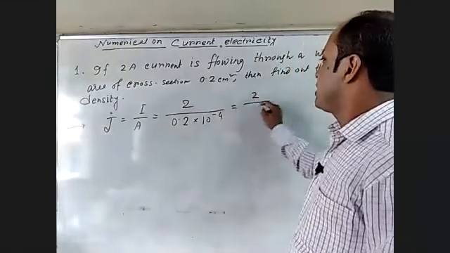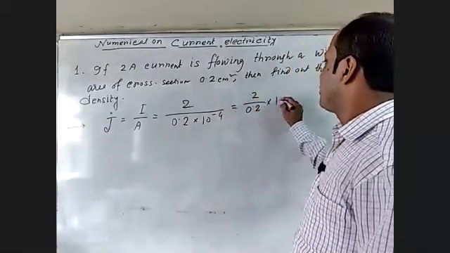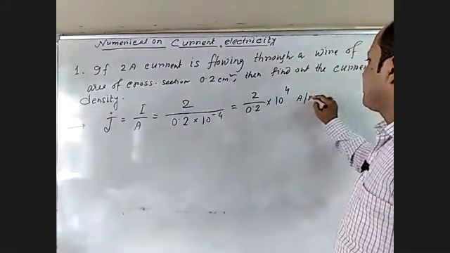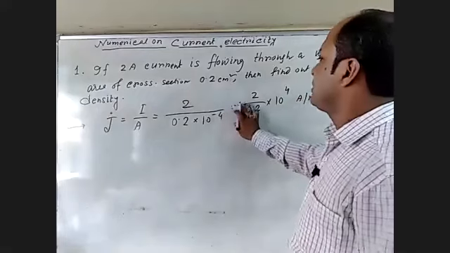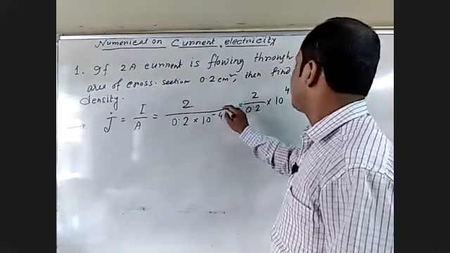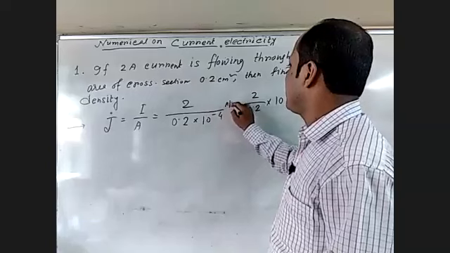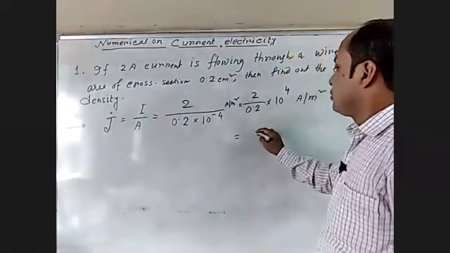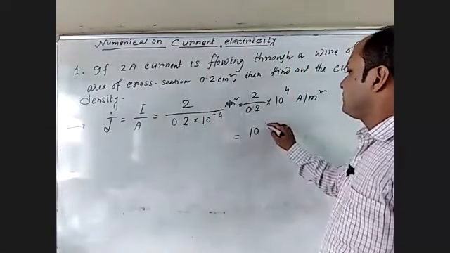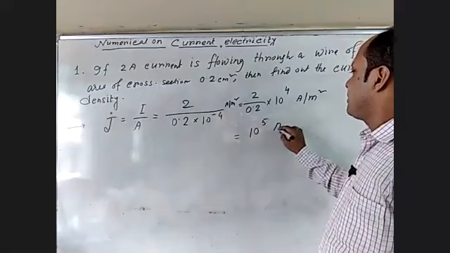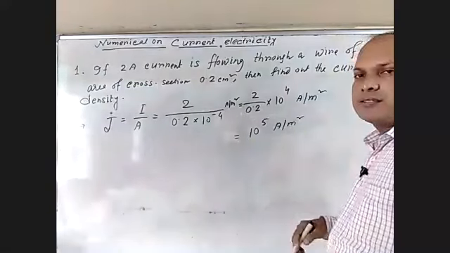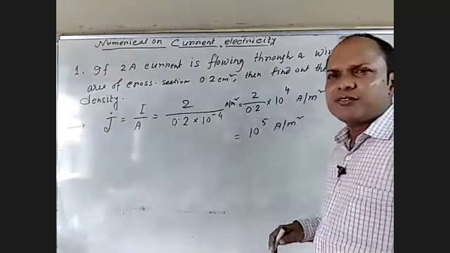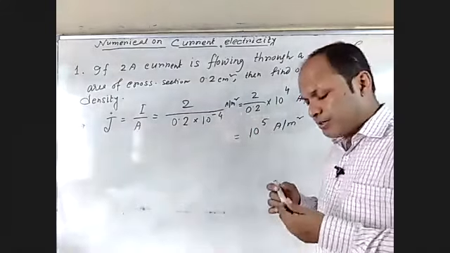So 2 divided by 0.2, times 10 to the power plus 4, ampere per meter square. You have to write the unit here also. So it will be 10 to the power 5 ampere per meter square. A big value of current density.